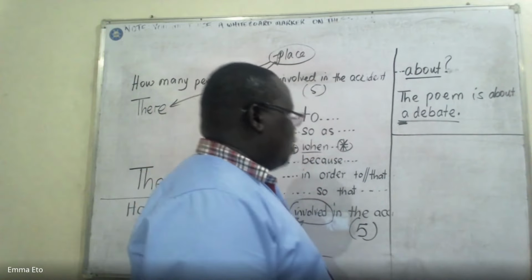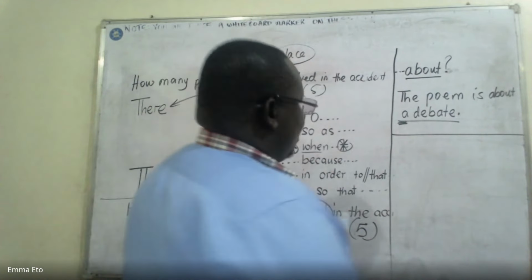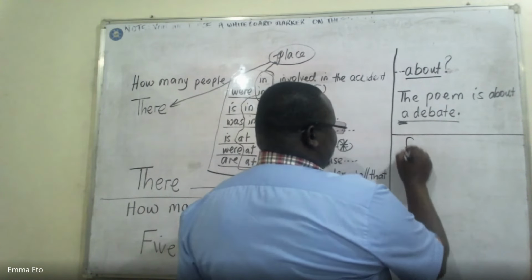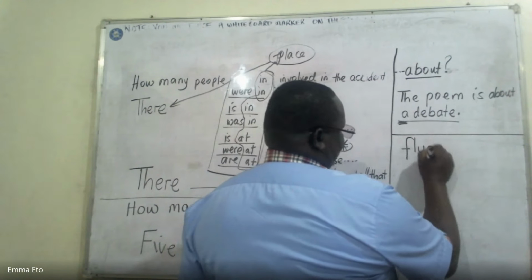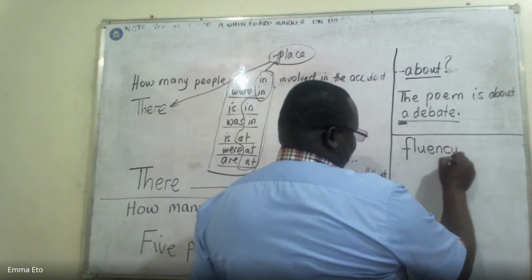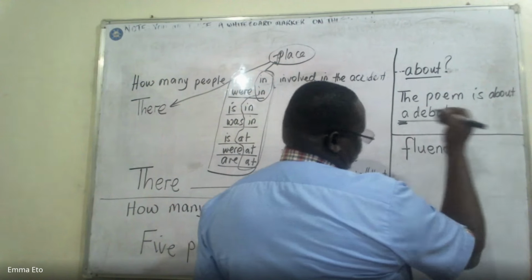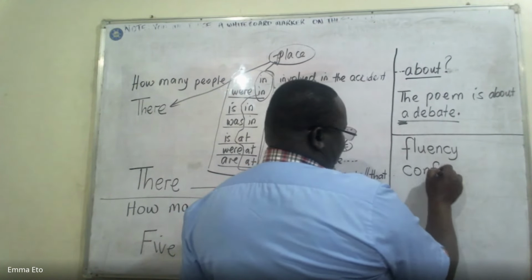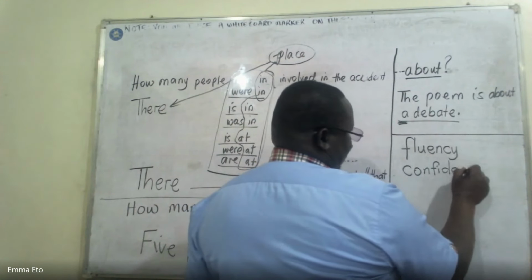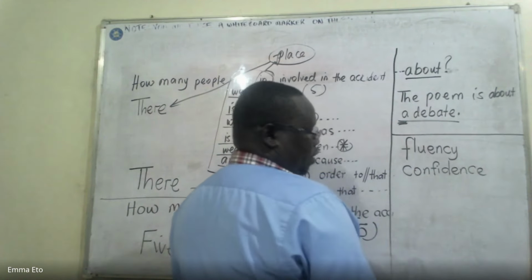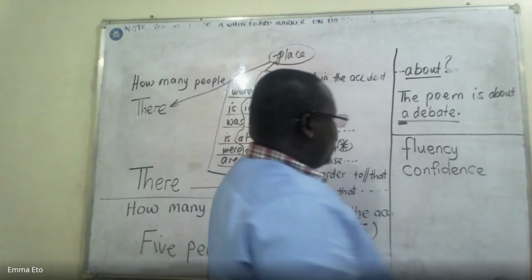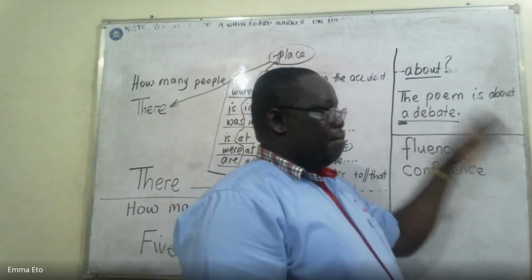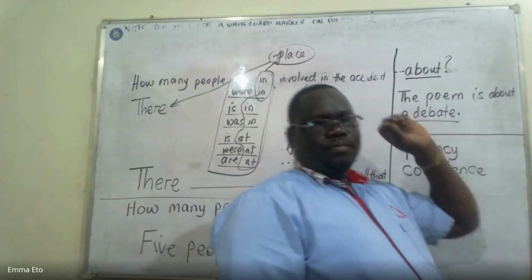And one of them is fluency. When they say "mention," your statement must begin with a small letter. Fluency in English. Confidence. Small letters. Confidence. Enriching, maybe enriching my vocabulary.